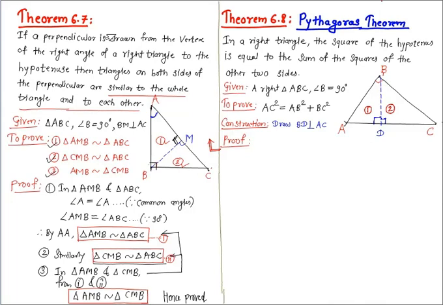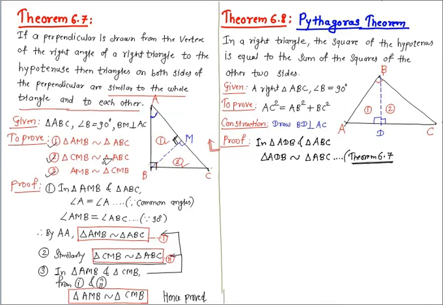Let's first write the first triangle ADB and whole triangle ABC. In triangle ADB and triangle ABC, using Theorem 6.7, triangle ADB will be similar to triangle ABC. And you can write this is by using Theorem 6.7.